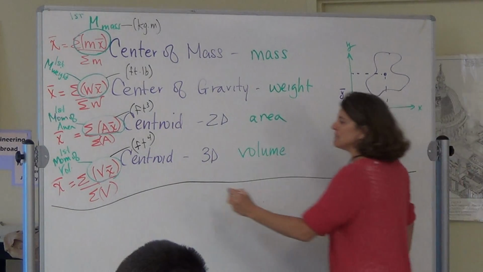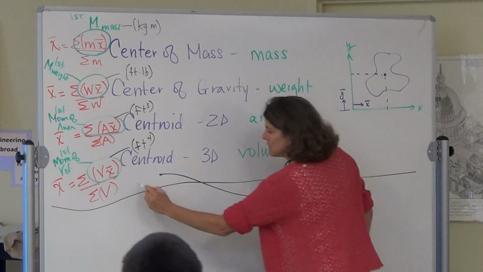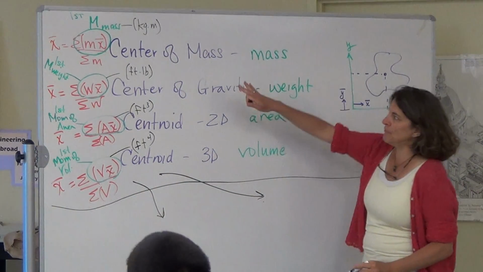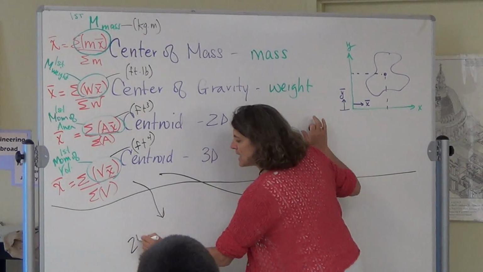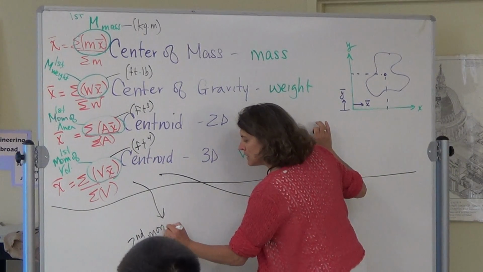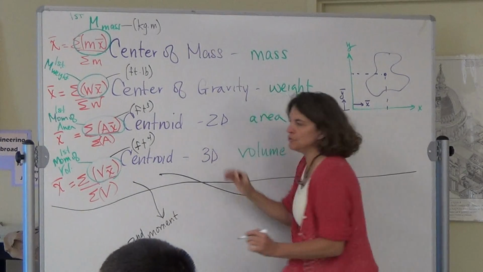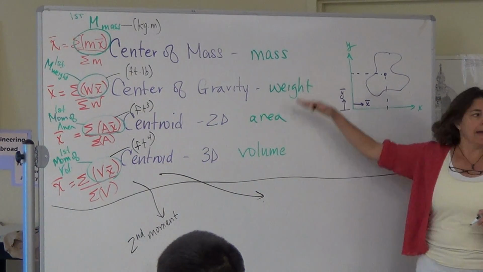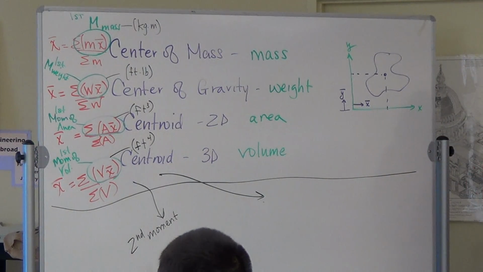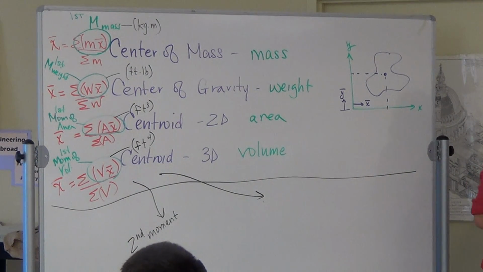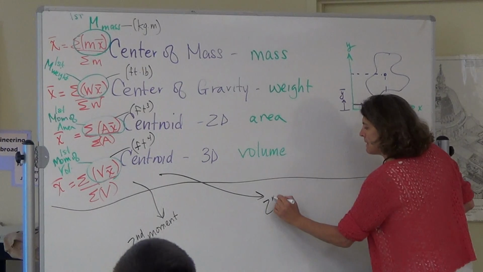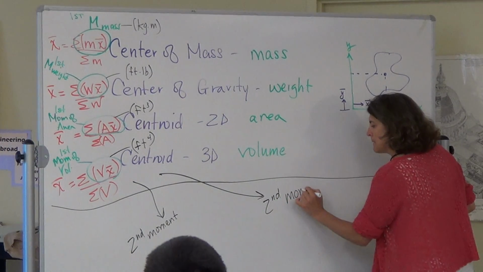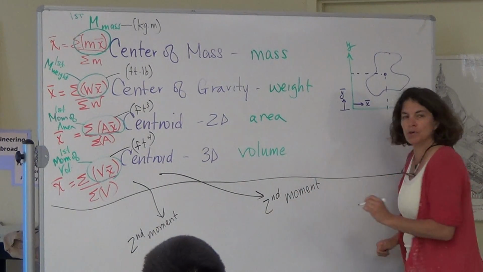And then we talked about going from the first moment, we could go to the second moment. Do you remember which two? Paul, do you remember which two of these four had a second moment? Take a guess.